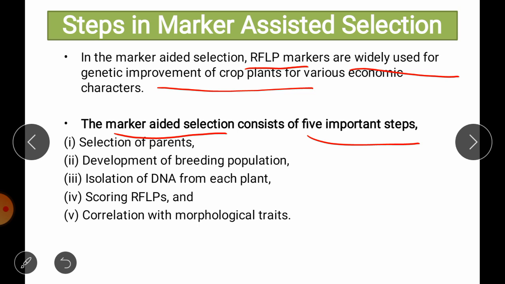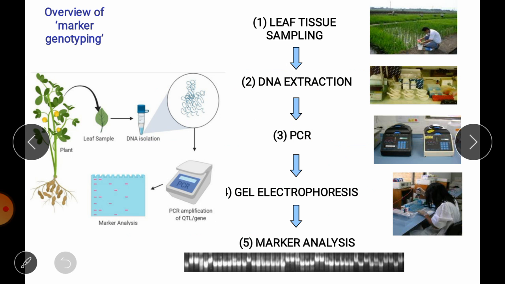First one is selection of parent. Second one is development of breeding population. Third is isolation of DNA from each plant. Fourth one is the scoring of your RFLP, and finally the correlation of this banding pattern with your morphological trait. One by one we are going to see these five steps. Here we just have an overview.